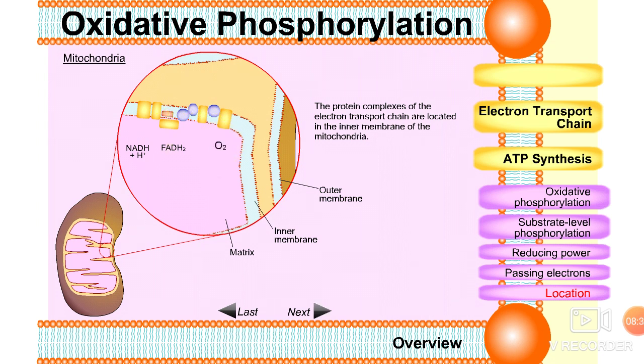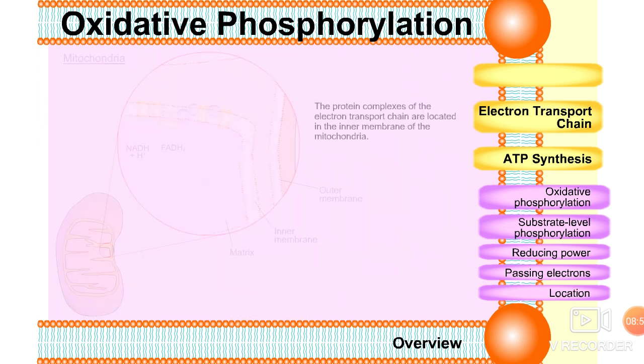If you observe this animation, the electrons transported from NADH H plus and FADH2 enter into the electron transport chain through complex 1 and complex 2, and finally reach oxygen, which is involved in water molecule formation.